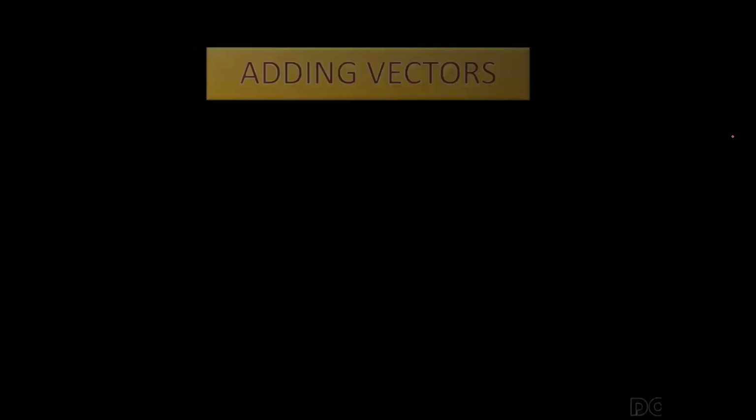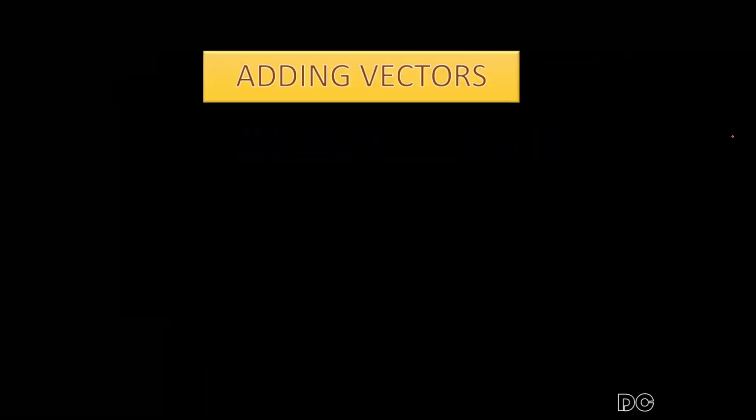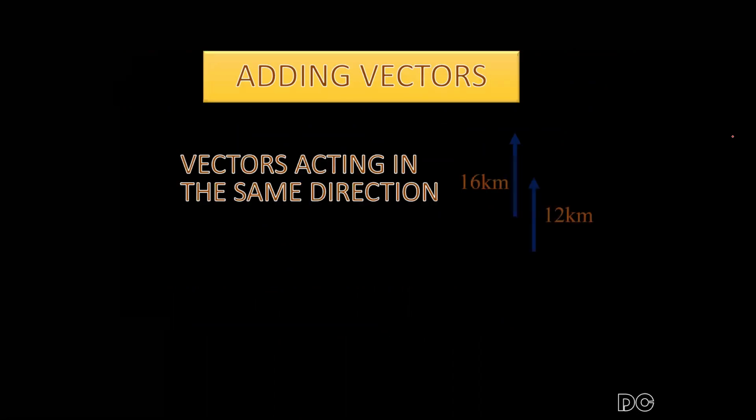So how to combine this? Okay, so we have two rules in that matter. First is if they are in the same direction. For example, in this case, 16 kilometers and 12 kilometers are both on the y-axis and they are in the same direction.